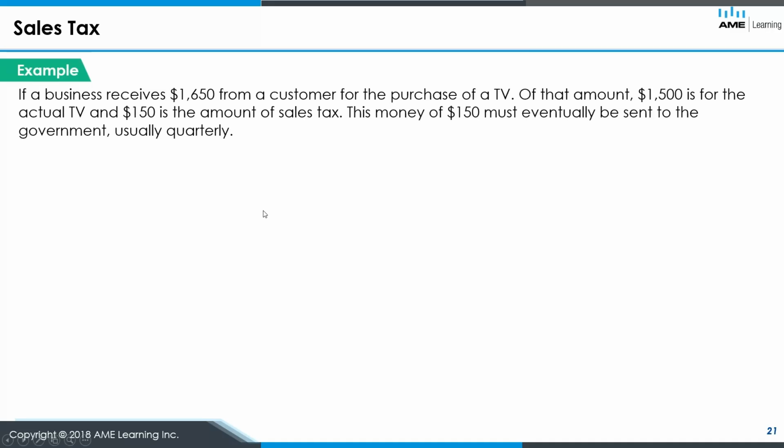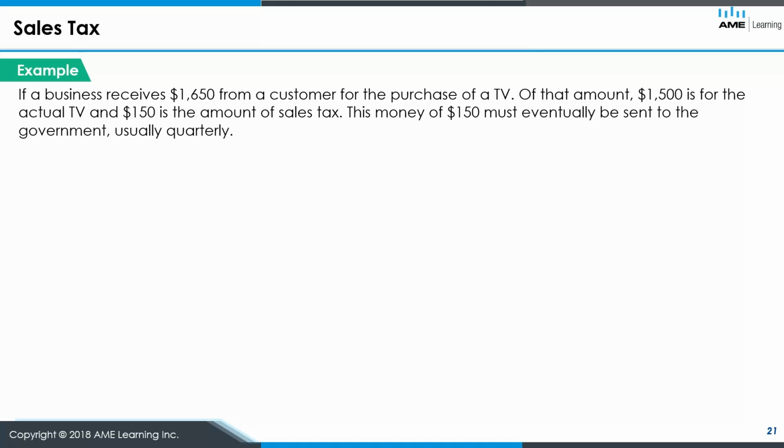So there can be some variance there in terms of what the rates are. But if we are a business selling some products, for example, a TV for $1,650, we received this payment from a customer, but only $1,500 of that payment is actually for the TV, and $150 is the amount that the customer needs to pay to the government, basically.